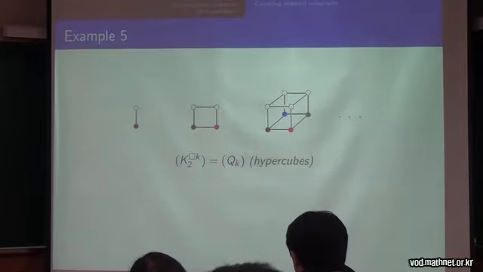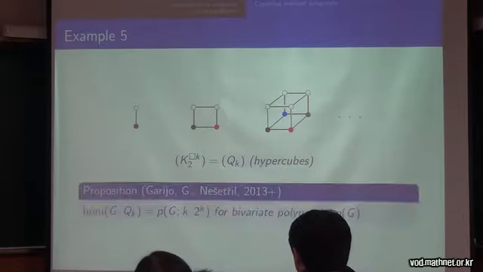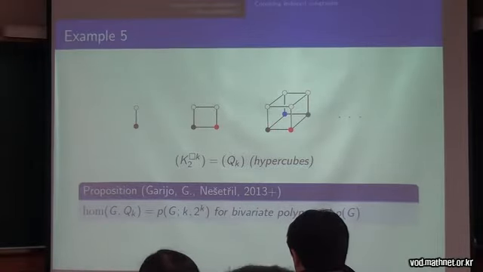And then a last example is to take the hypercubes. This box thing means the k-fold Cartesian product. And if I take this sequence, it's a bit more work. But it turns out that if you count homomorphisms, then you get a polynomial in k and 2 to the k.